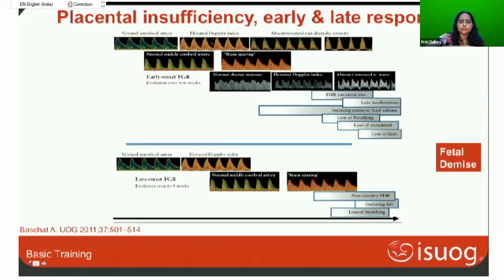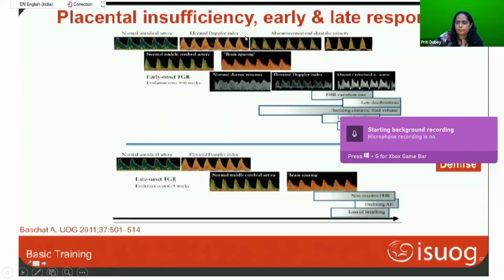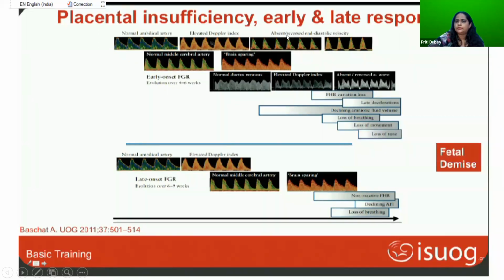So this is to sum up the difference between early and late responses of placental insufficiency. You see, this is early onset FGR, and this is the normal umbilical artery. This is the elevated Doppler indexes, that is CPR, and there is absent or reversed end diastolic flow velocity in the umbilical artery, and there is a brain sparing effect in the MCA, and there is reversal of flow in the ductus venosus.